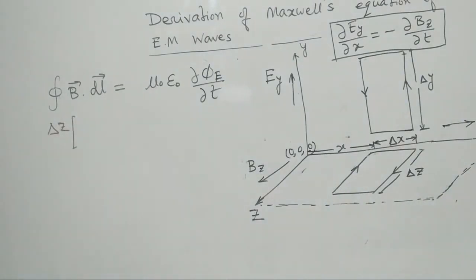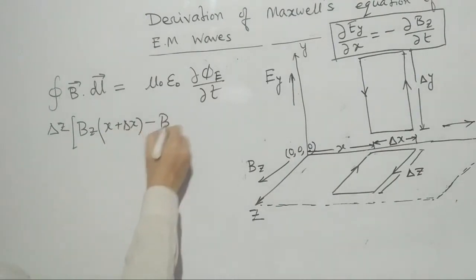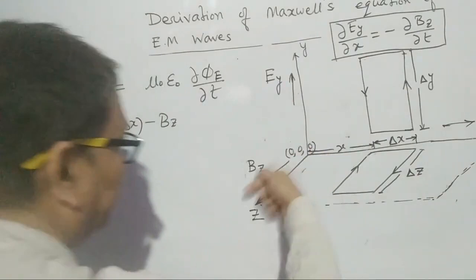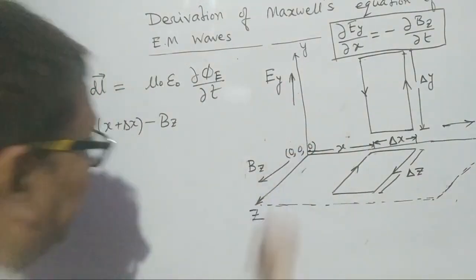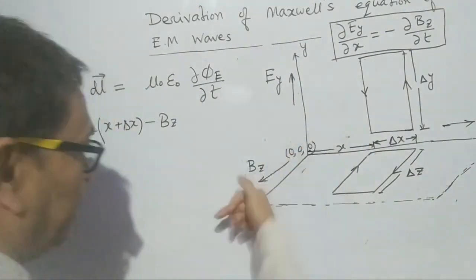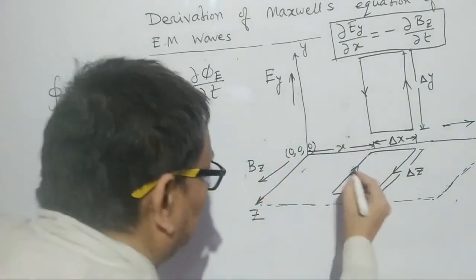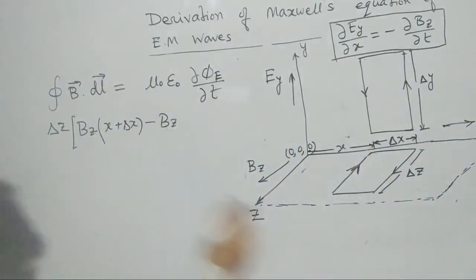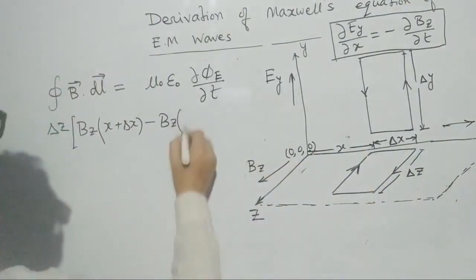Okay, but it is the magnetic field at a distance, again, x plus delta x, minus the magnetic field along the z direction. Why minus? Because it is now returning, so we have taken the magnetic field along this direction. Okay, now it is moving opposite to the z direction, so that's why minus Bz at a distance x.